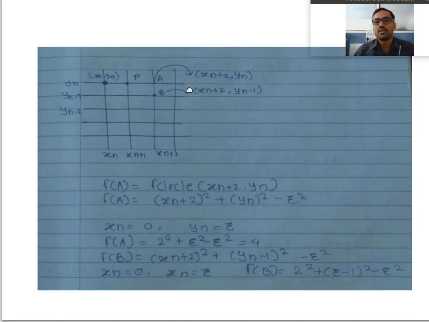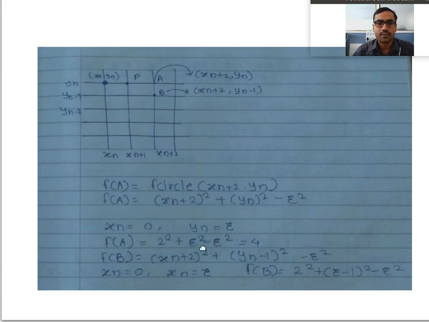Again the same logic we have to use. In this the coordinates are for A, that is xn plus 2 comma yn, and for B, xn plus 2 comma yn minus 1. And here we can see function of A, we are keeping these values of coordinates xn plus 2 comma yn in the equation, and giving xn equal to 0 and yn equal to r.